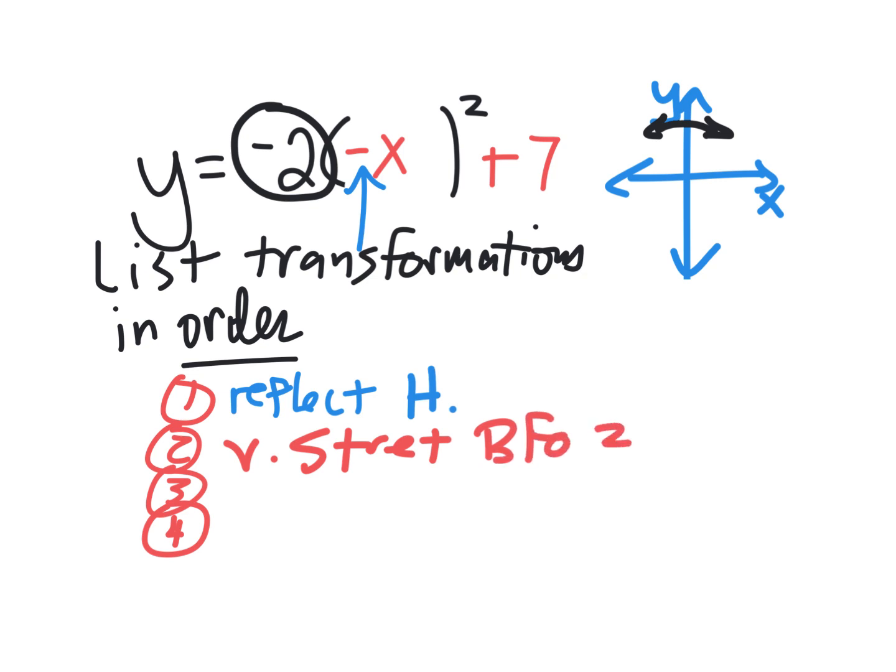And also reflect, and it could have been reversed because they're the same number. Like, the negative is the reflect, that 2 is the stretch. So you could have said reflect first if you wanted to. And I'm going to reflect vertically. And last but not least is up 7.